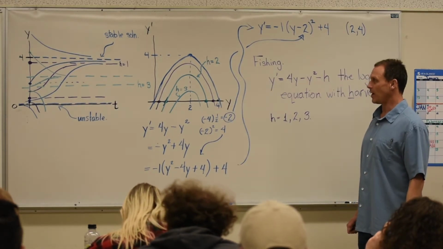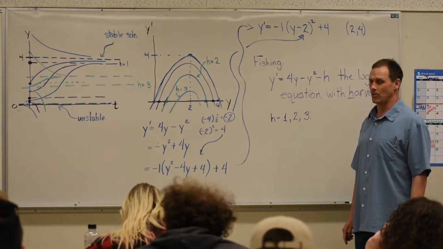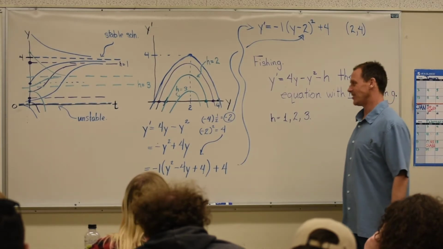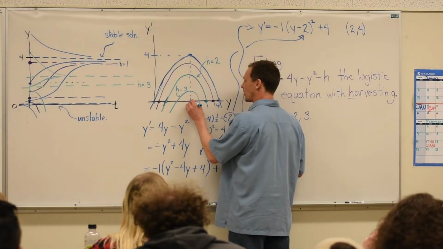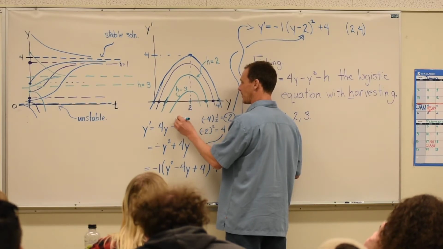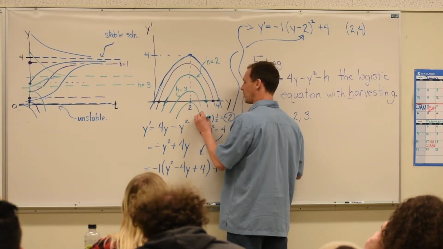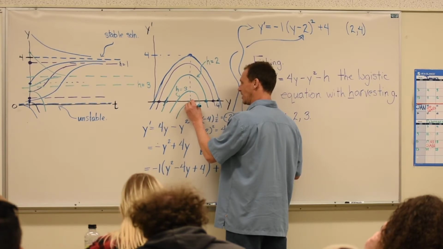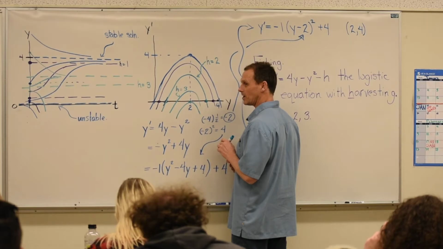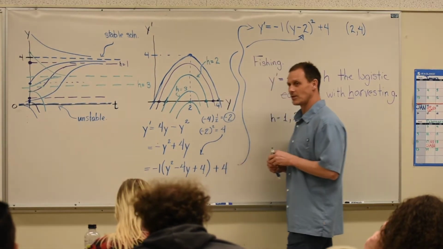What happens if we take out 4? It's done. If we take out 4 fish, our parabola has now sunk to here. So what does our parabola do? It's steady only at 2, but all of our solutions are decreasing.